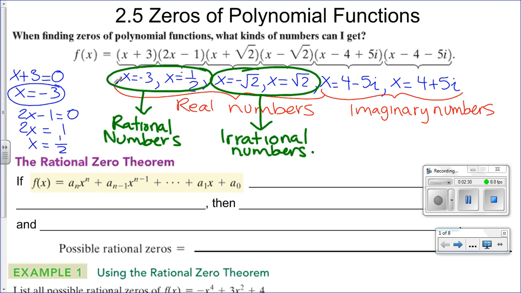Some examples of irrational numbers could be pi or e, or any square root that does not have an exact solution. But keep that in mind, both of those, rational or irrational, are real. The imaginary zeros are the ones that will contain i.